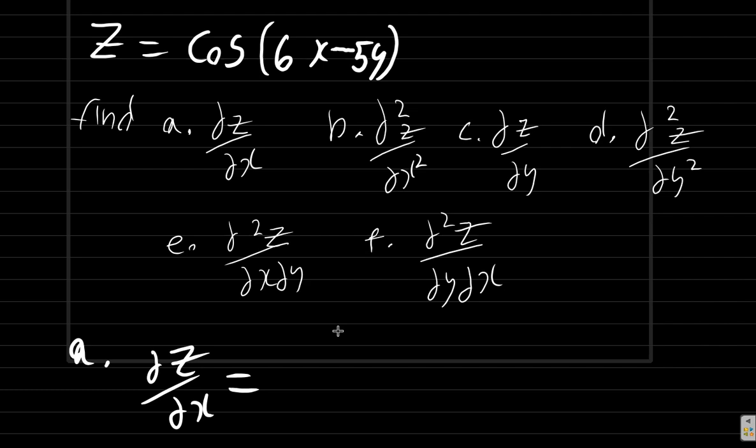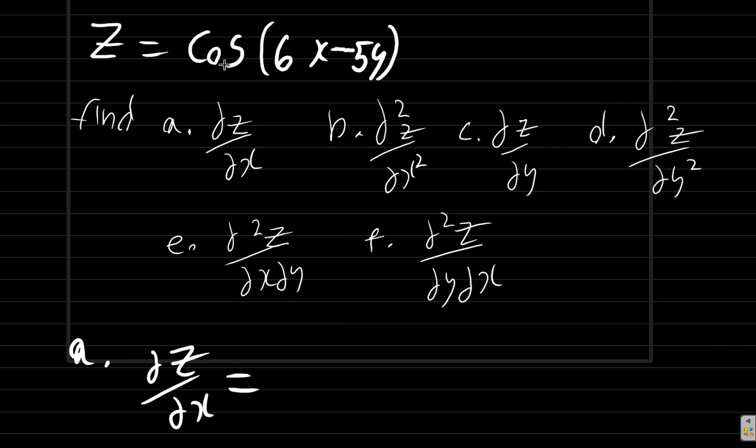Letting u be equal to 6x minus 5y, so that z is equal to cos u. Then delta z by delta x would be equal to delta z by delta u times delta u by delta x. You could work that out. Well, let's do it mentally.